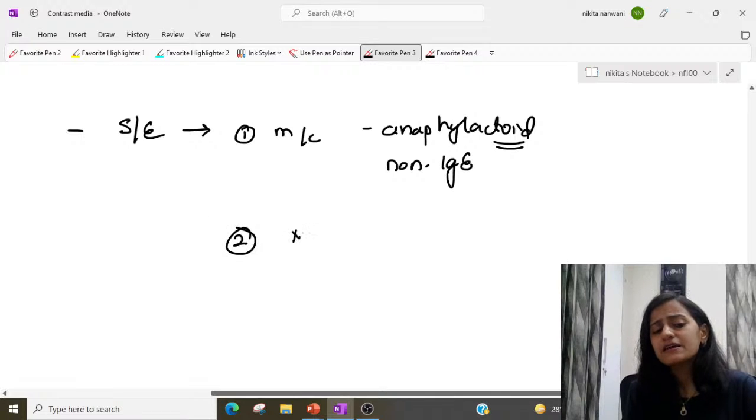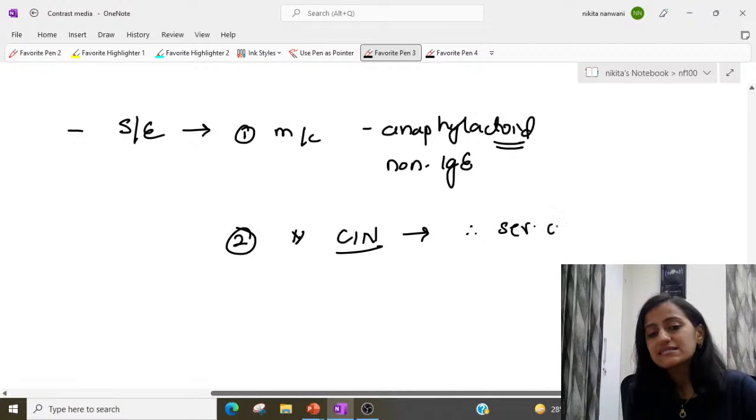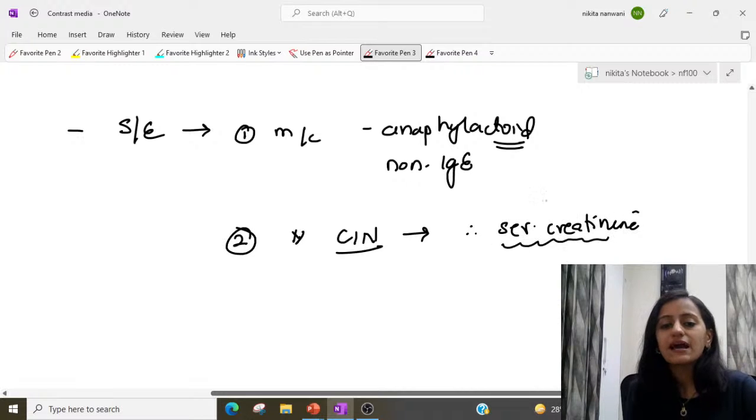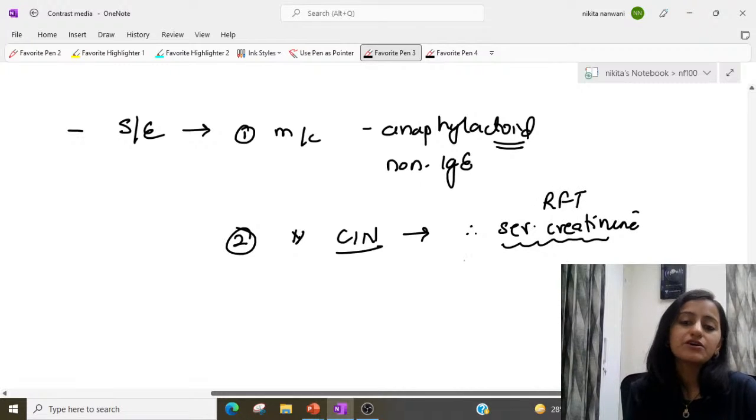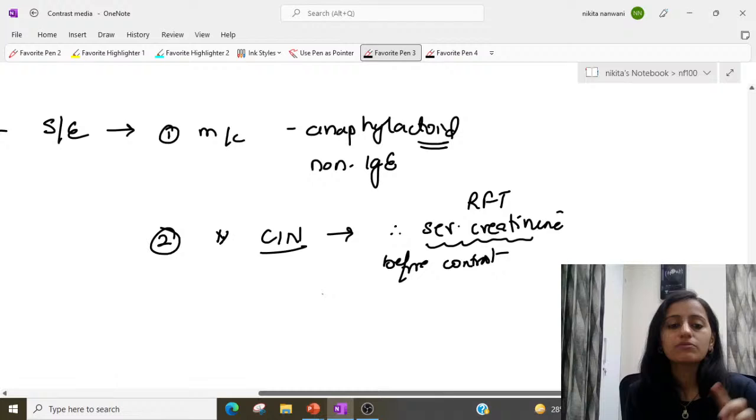Second, very important, it can cause contrast-induced nephropathy. So we should always check serum creatinine. This is the question asked. Serum creatinine, that is basically your RFT or KFT, should be tested before giving contrast. We should check that it is normal.